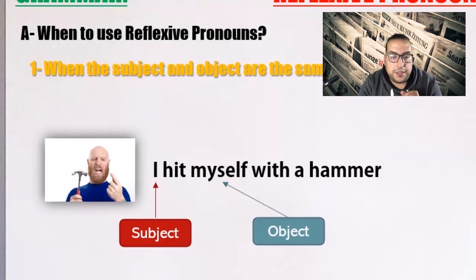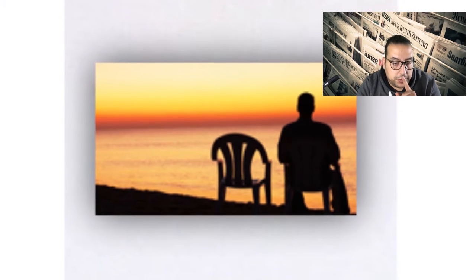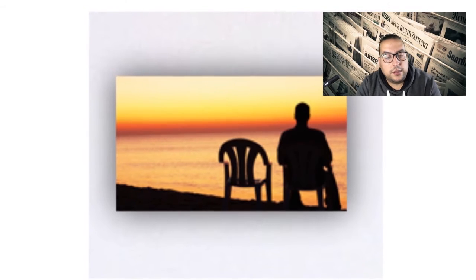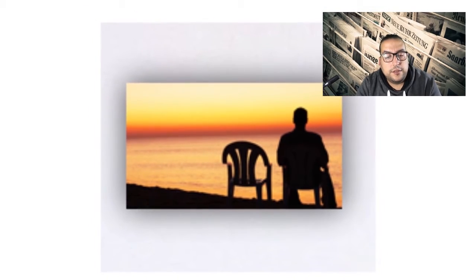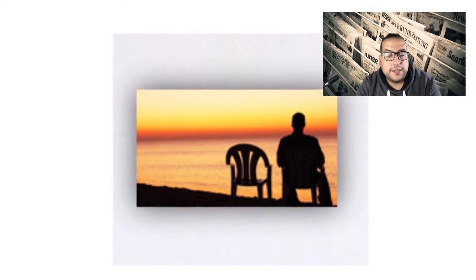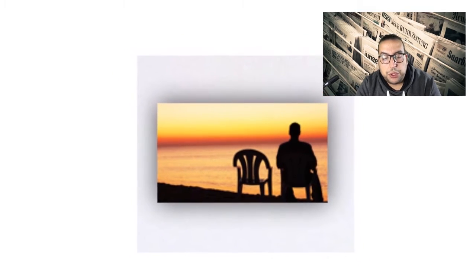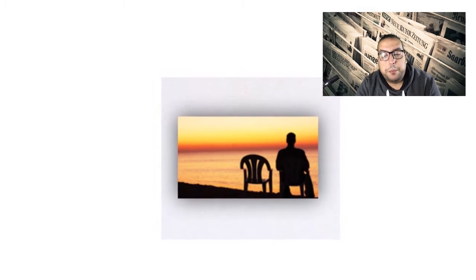Now, look again at this picture, please. What do you see? It's a man. He's sitting in front of a sunset. He's on the beach. So let's try and say something about him. He goes to the beach by himself.